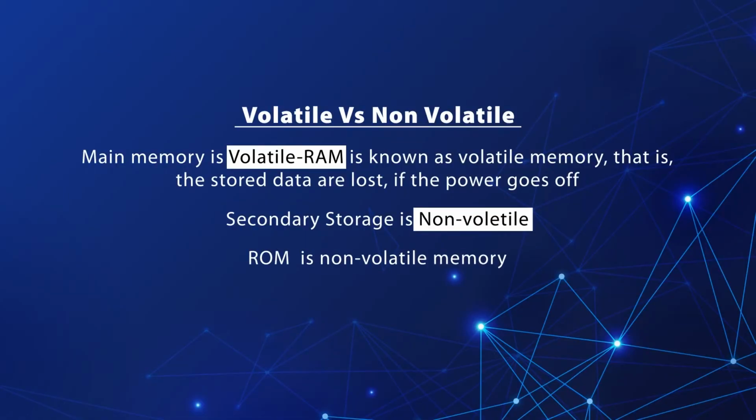For that purpose, what we basically need is the secondary storage, which is non-volatile and keeps the information permanently stored in it. On the other hand, the ROM, read-only memory, is non-volatile. Whatever content is written on the ROM, being of non-volatile nature, will remain permanently in the ROM.